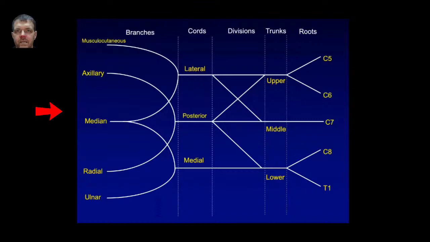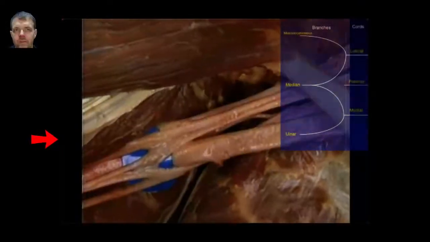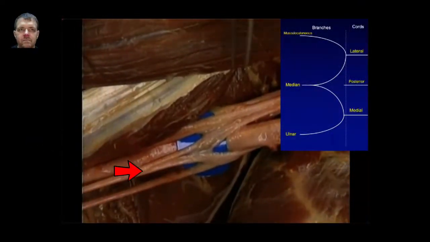I'll just pause that there. Okay, so musculocutaneous and half of the median coming from this lateral, axillary and radial coming from the posterior, the other half of the median and the ulnar coming off of that medial cord just there. And then we end up with the branches.